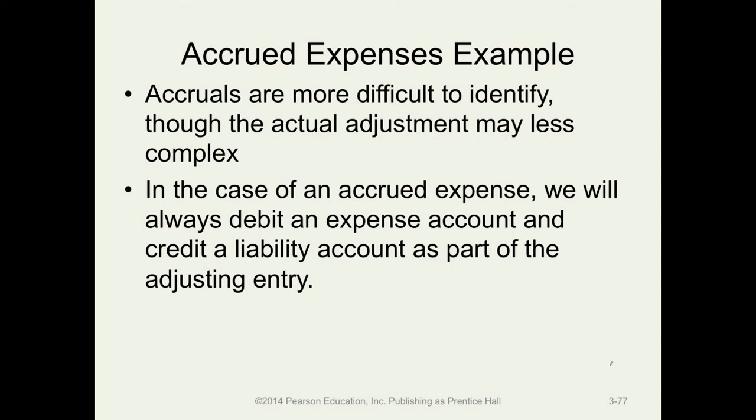They're unrecorded either due to the passage of time, that you haven't really kept track of the interest that's earned, or because no information has been received. So accrued expenses are expenses that are incurred, unpaid, no cash, because the economic event comes first, and unrecorded at the end of the accounting period.